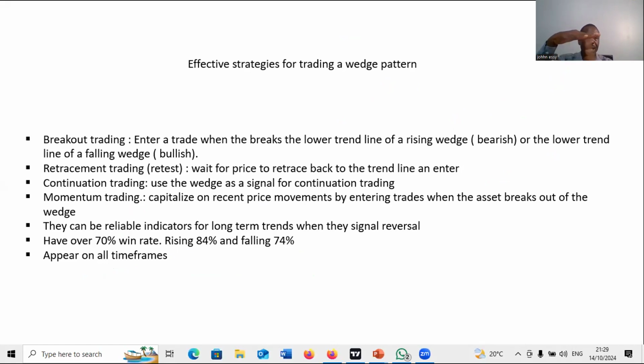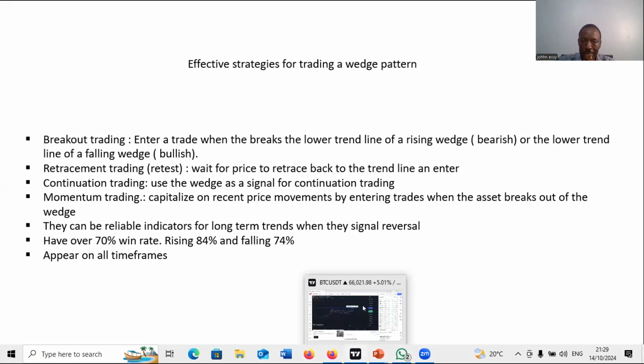And the flag is out of the main trend. It comes on the sides completely. But when we are talking of the wedge, it forms part of that particular trend. If it is moving, you'll see the wedge moving with the trend. So we will look at some examples, and then we see how you can draw the wedge pattern.